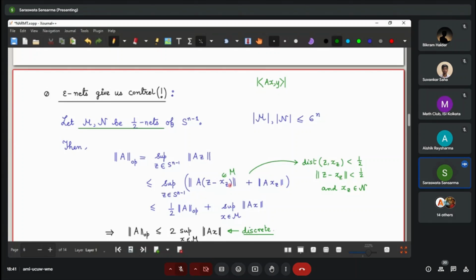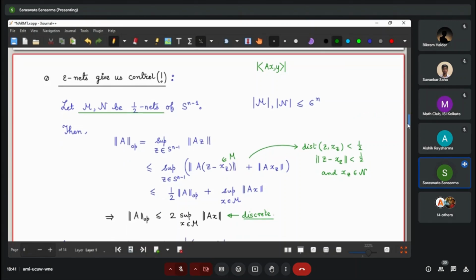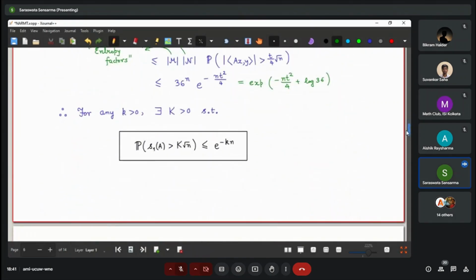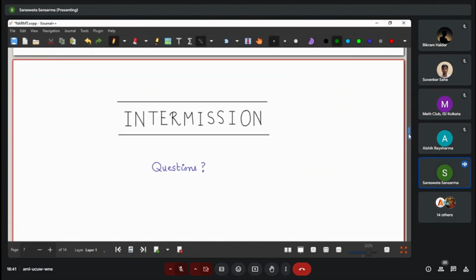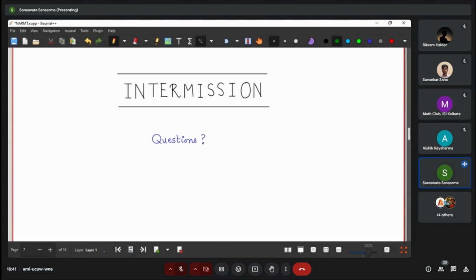This is a very powerful technique to give bounds on the supremum of functions on metric spaces. This is often called a covering argument, and that eventually leads us to this result. So that is an intermission. There ends the first proof.